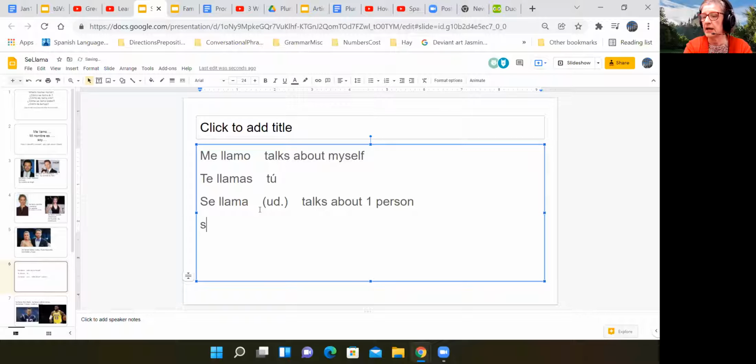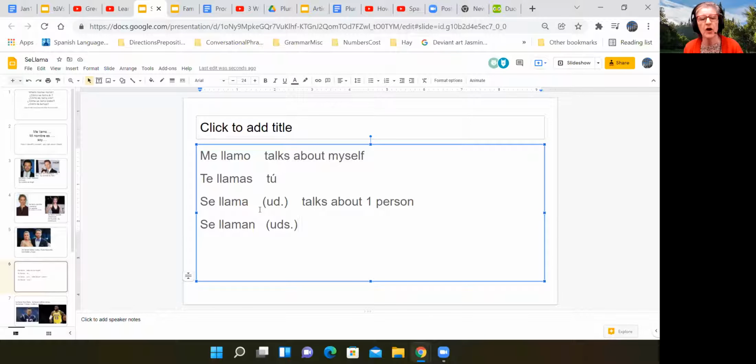And then if we want to talk about more than one person, we get se llaman. So if somebody is talking to a group that they would use a plural you guys with, like a tour guide has 4 people in his group and he wants to know, hey, what are your names?